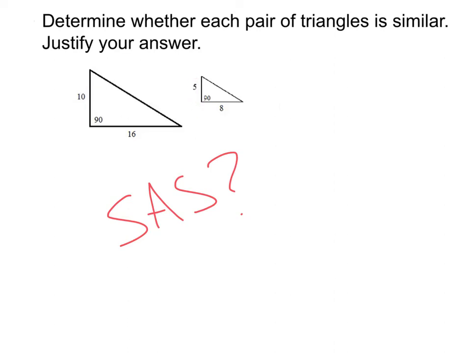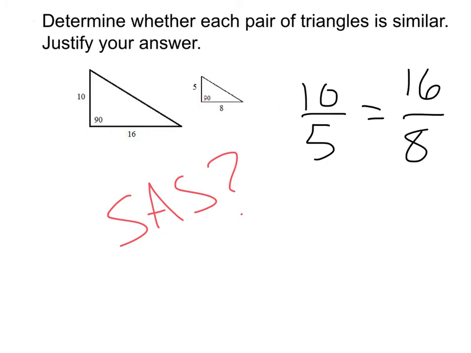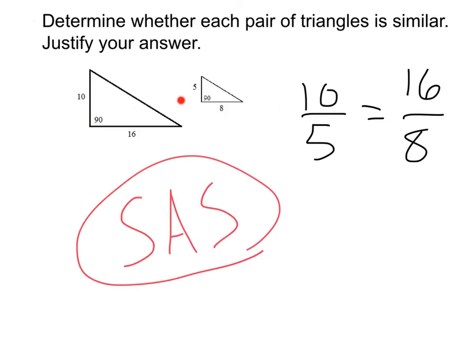We'll have 10 over 5, and we need to see if that is going to be equal to 16 over 8, which both of those are equal to 2. 10 divided by 5 is 2, and 16 divided by 8 is 2. So, since we have one congruent angle and two proportional side ratios on either side, we have side-angle-side similarity.